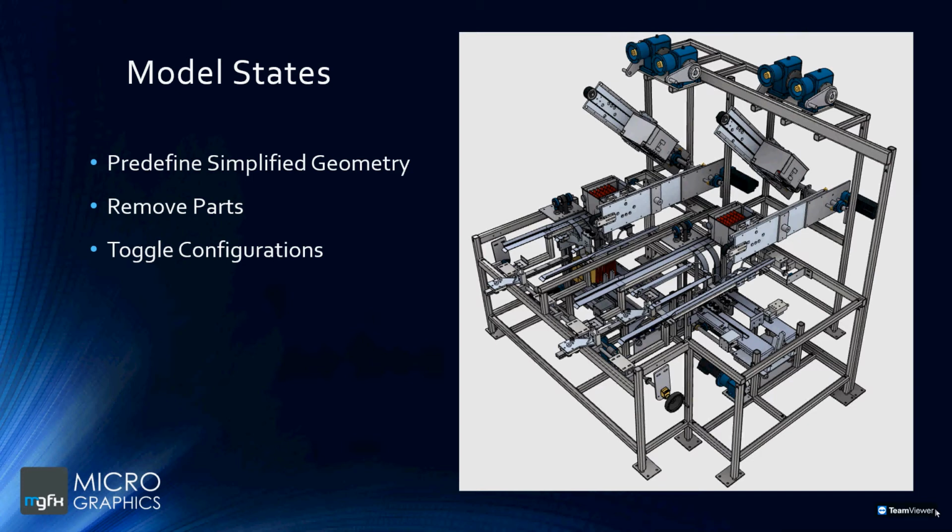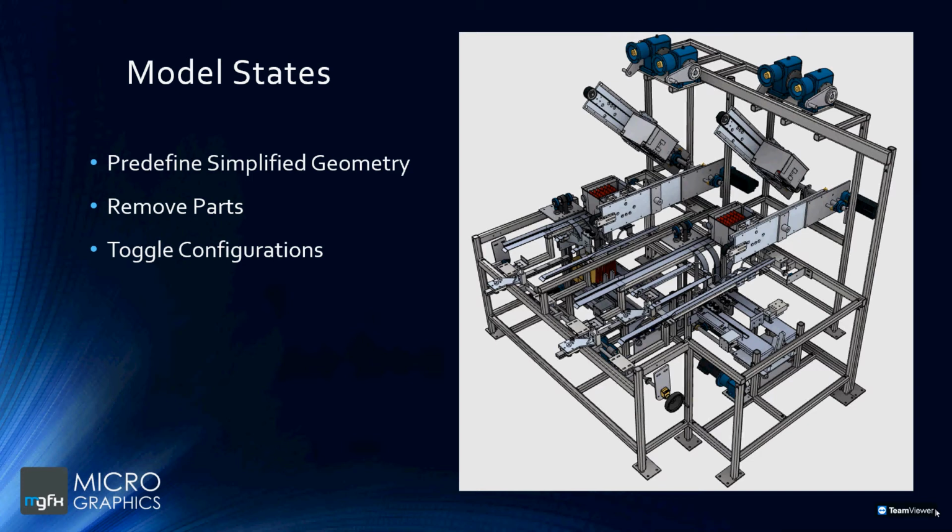And so model states here is being used to simplify the assembly for export to Revit. In our instance, most of the components in our design were built from the ground up using model states to have different states to simplify the geometry. So a quick example would be one of the motors at the top, one of those blue motors at the top of the design.